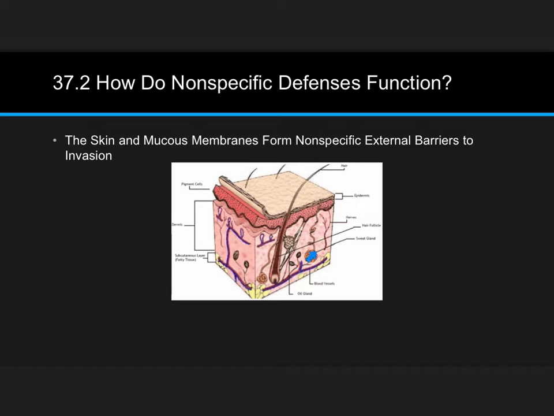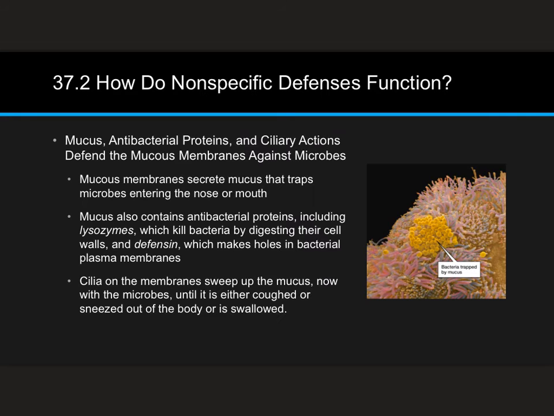You have sweat glands in the dermis here. You've got nerves in the dermis as well. And these sweat glands are going to allow that to leave via the hair and reach that outer layer. So all this stuff here is trying to keep stuff out, right? We're trying to prevent pathogens from getting into this system. So that's what it looks like.